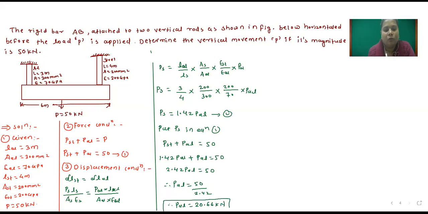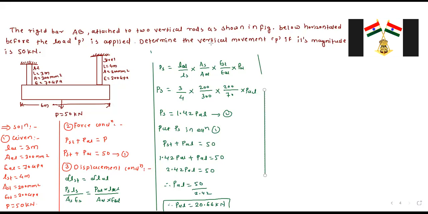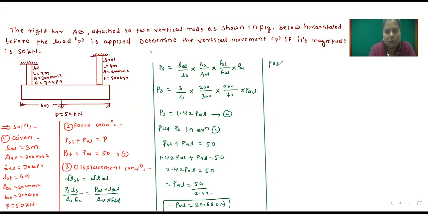Okay. Now we will put this value in equation 2. So put P aluminum in equation 2.